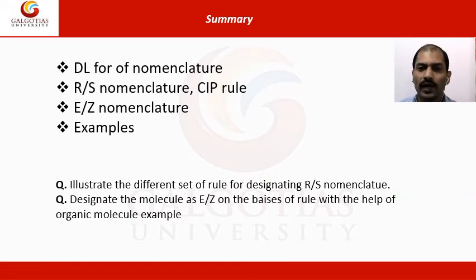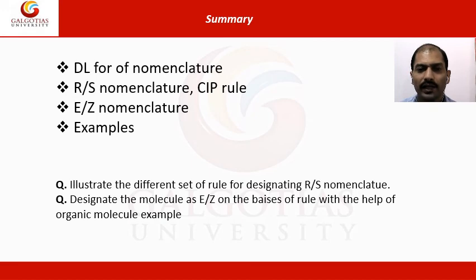Now, as we have discussed so far, there are various ways to designate molecules, such as the nomenclature in forms of dextrorotatory and levorotatory. First we set the priority rules, and according to the priority rules, given by the Cahn, Ingold and Prelog method of nomenclature, we can designate them with RS nomenclature.